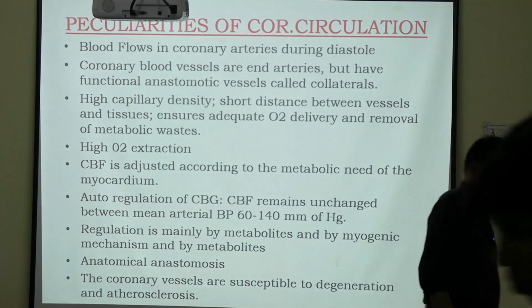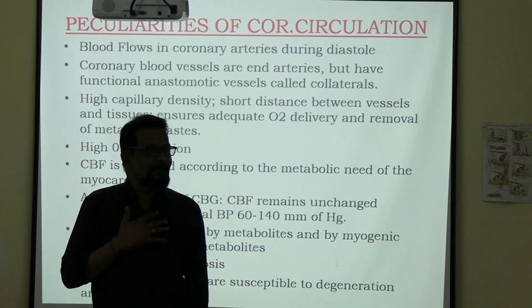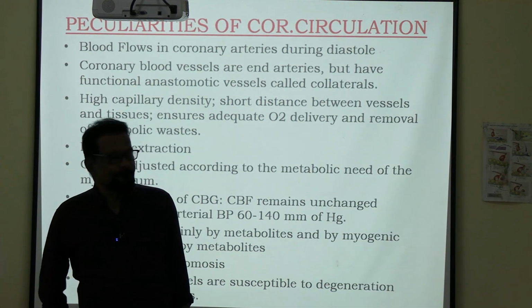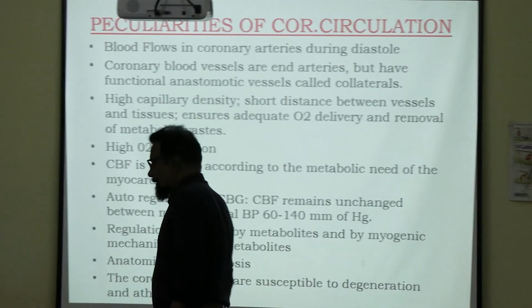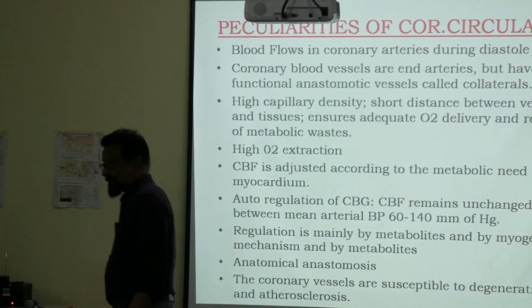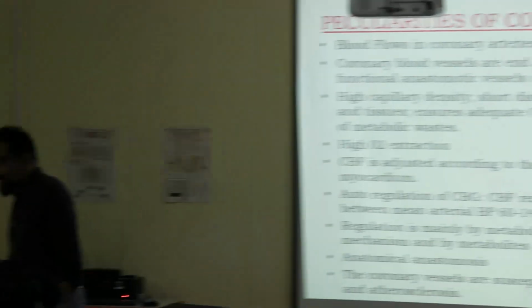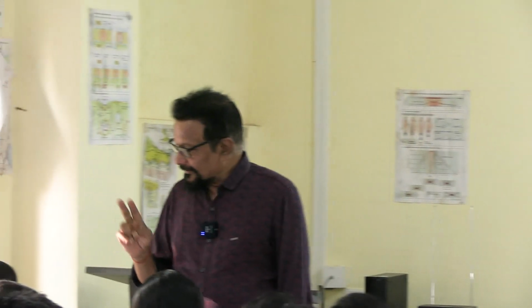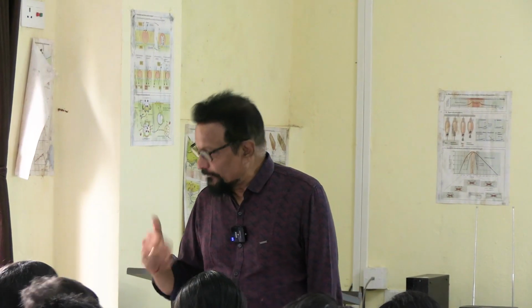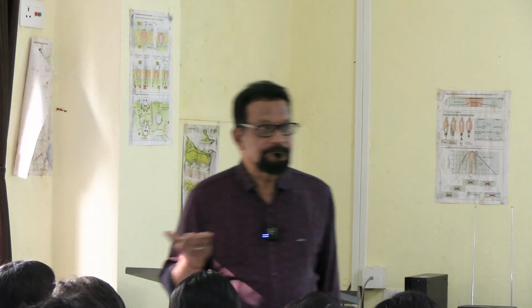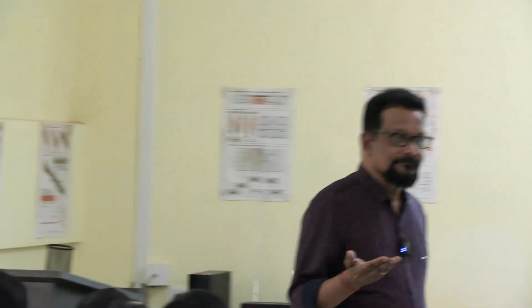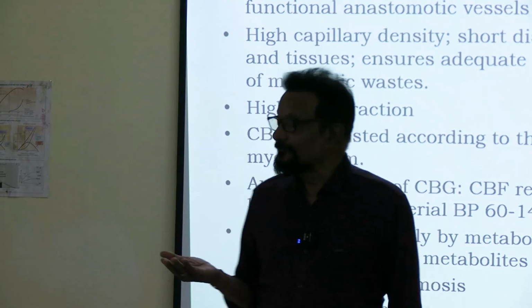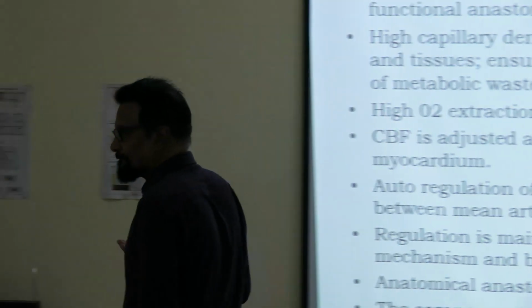High oxygen extraction. One point I want to be clear. We say arterial blood is oxygenated blood and venous blood is deoxygenated. What does it mean? Is venous blood devoid of oxygen? Then why do we call it deoxygenated?